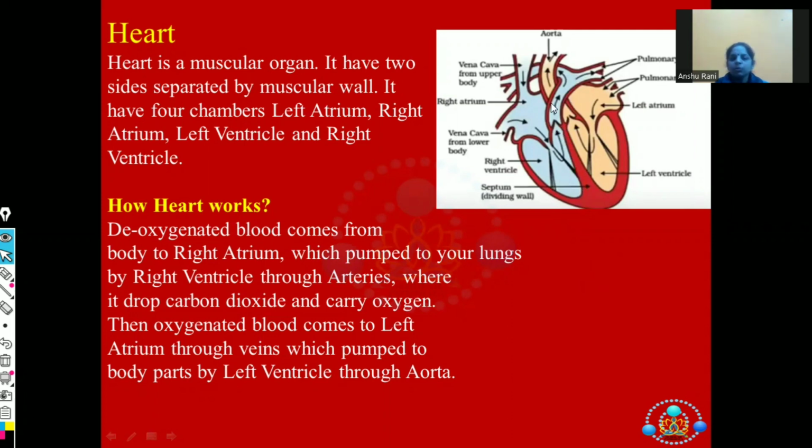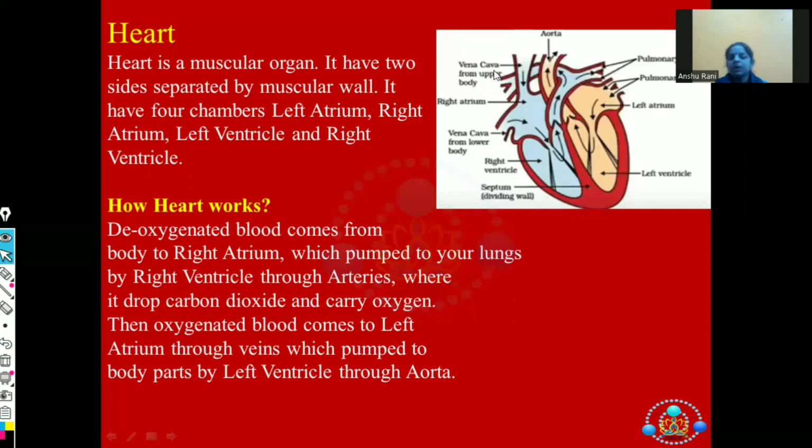It has four chambers, four parts in all: left atrium, right atrium, left ventricle, and right ventricle. These two are on the left hand side, atrium and ventricle, and we are writing left with them, and these are on the right hand side. This is the right atrium and right ventricle. This is the vena cava.